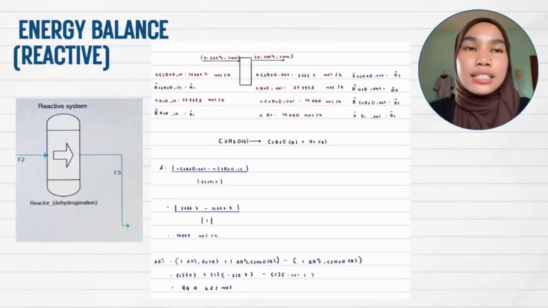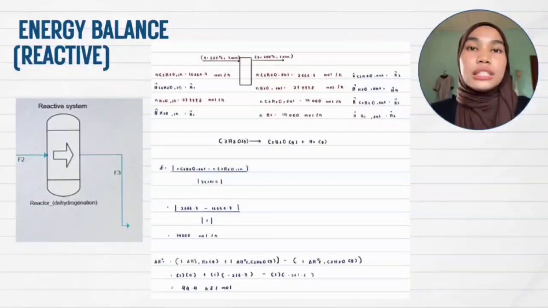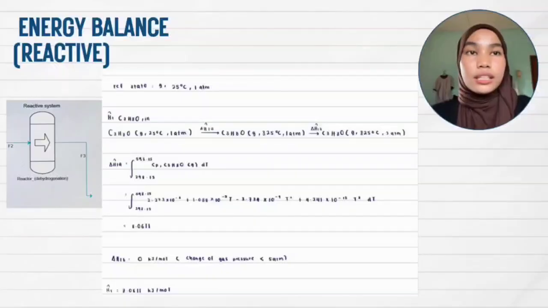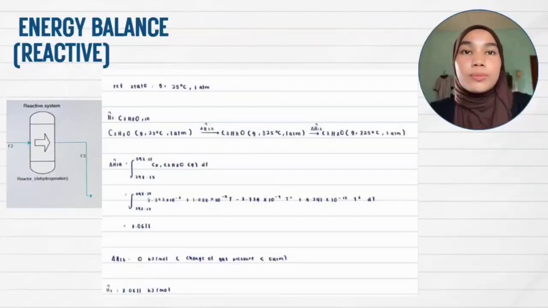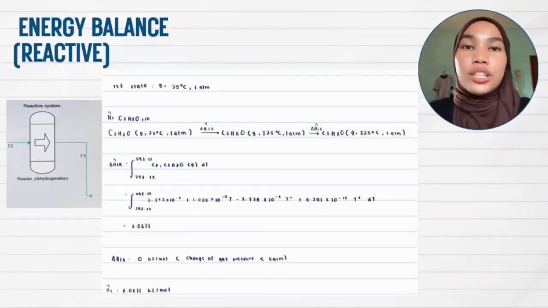To calculate the energy balance for the system, we use the same formula as in the non-reactive system, but with some additional terms, which are the extent of reaction and also the standard heat of reaction. Next, we calculate the specific enthalpy for each component at both inlet and outlet. To do this, we must perform a hypothetical process path where we adjust the temperature, pressure, and state from the reference state to match the actual stream's condition.